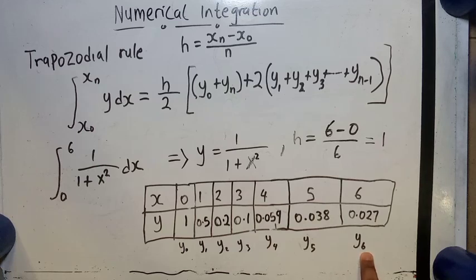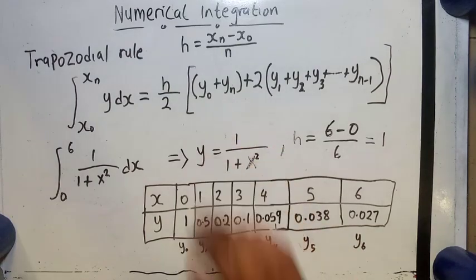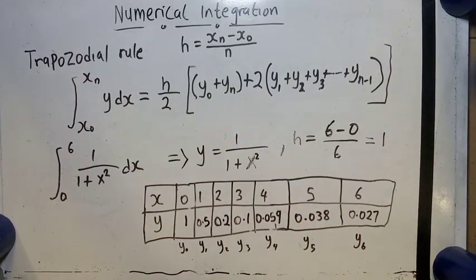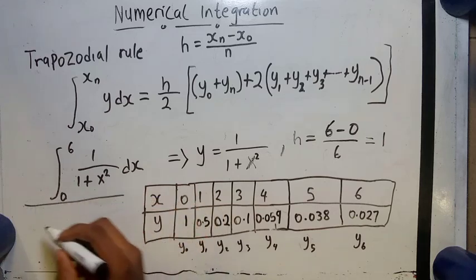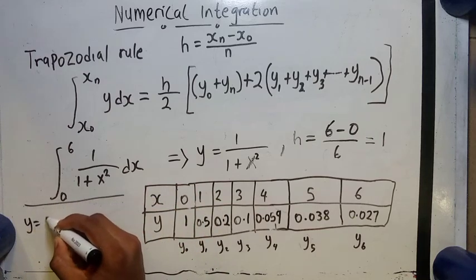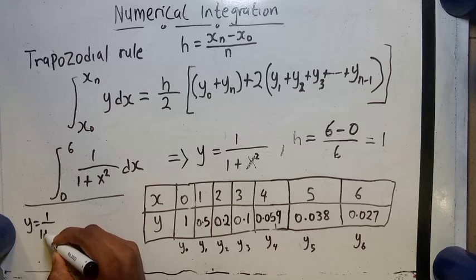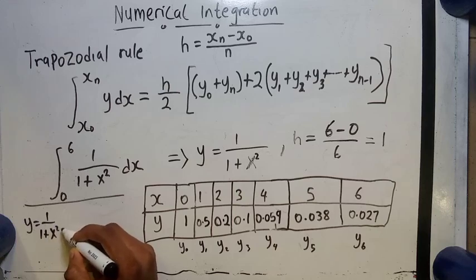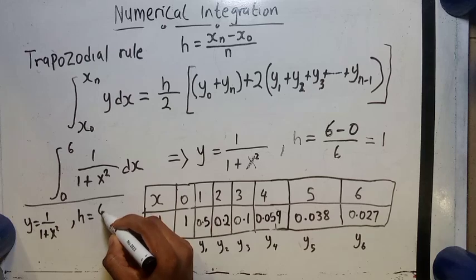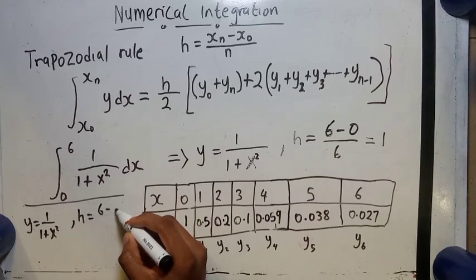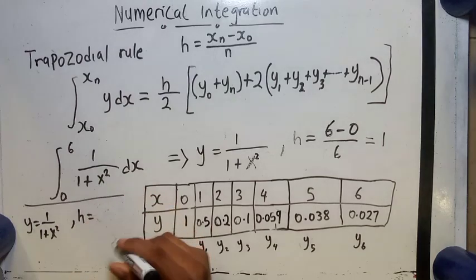So this is going to be serving as our y6. Let me just write some things here. Our y is 1 over 1 plus x squared, and our h is equal to 1.